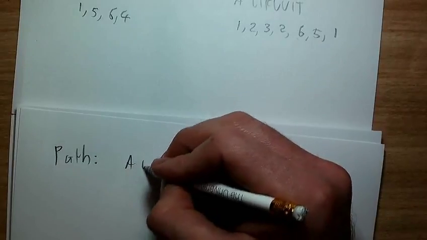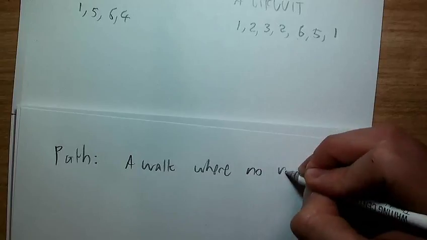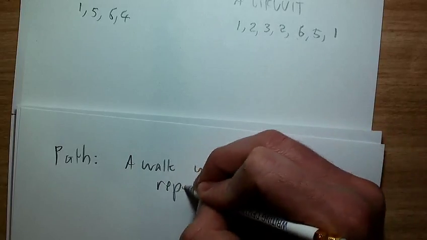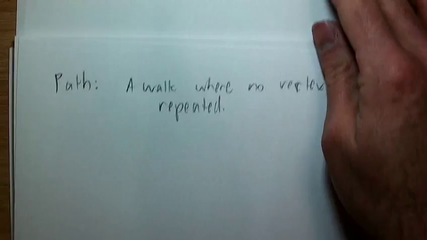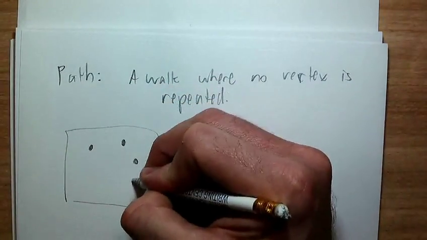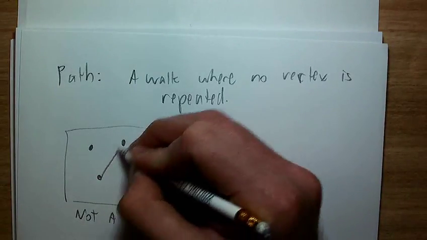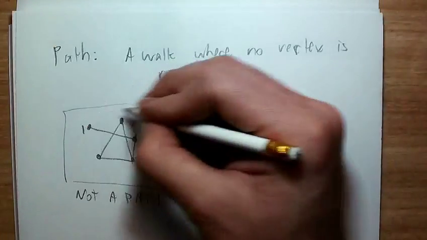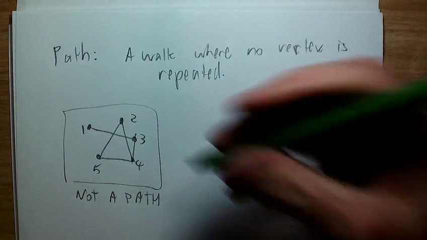Path, where no vertex is repeated. So this isn't a path.